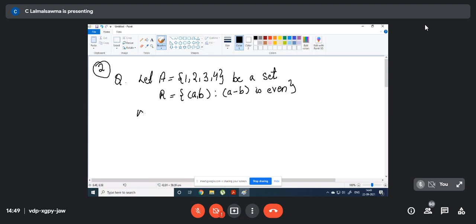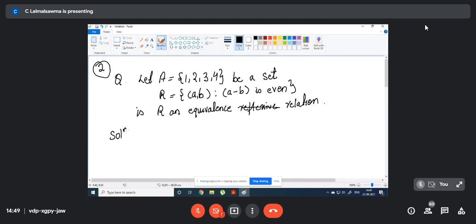So is R an equivalence relation? Now we are going to check reflexive.